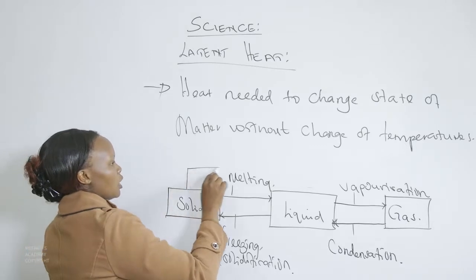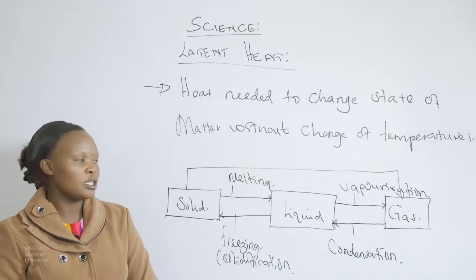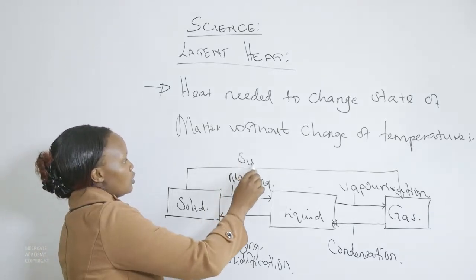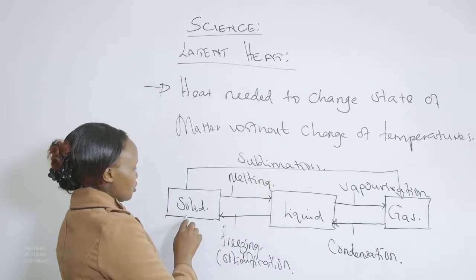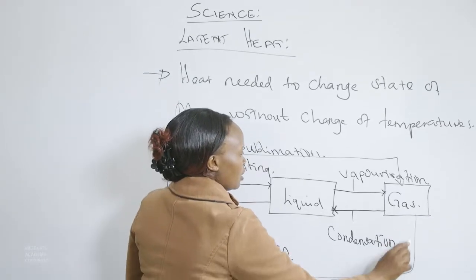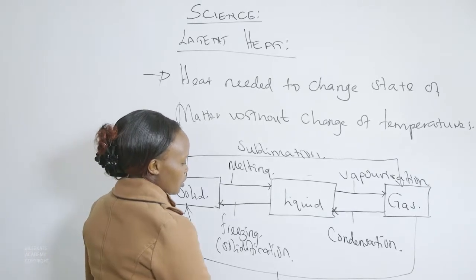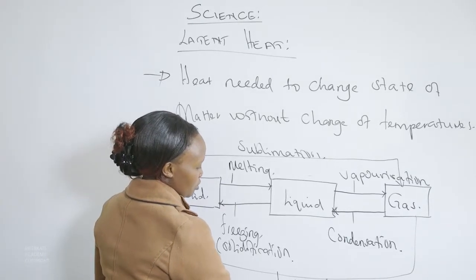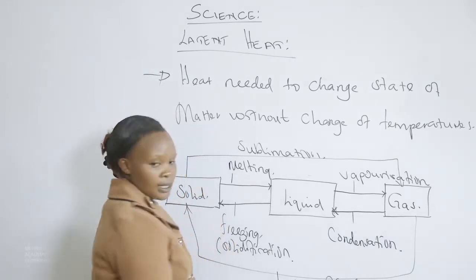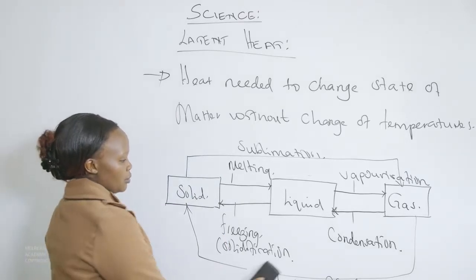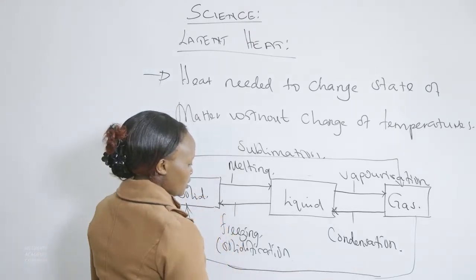You could also look at a direct process from a solid to a gas, which we call sublimation. And you can also change a gas to a solid in a process that we call deposition, though some books will still call it sublimation.